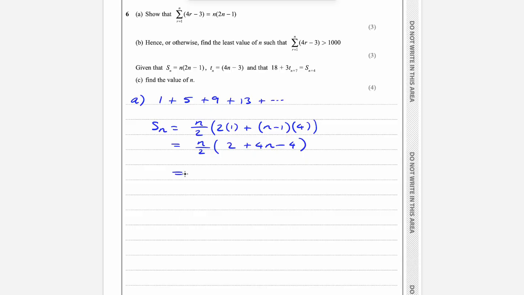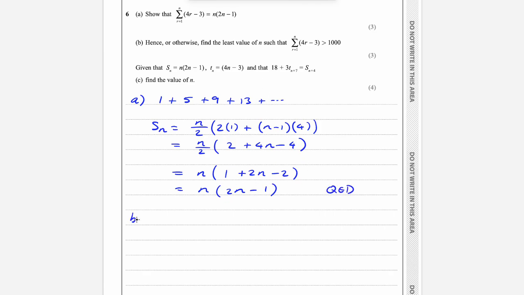Simplify all this, divide by 2, guys, if you want. 2 minus 4 is minus 2, divided by 2 is minus 1, and 4n divided by 2 is 2n. So 1 plus 2n minus 2, which is equal to n into 2n minus 1, which is what they asked, QED.